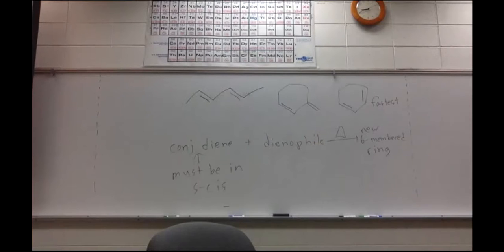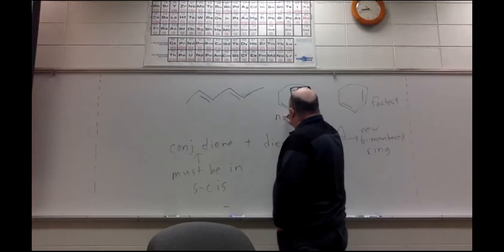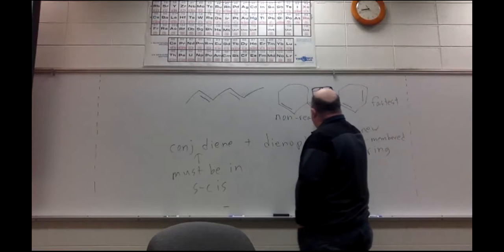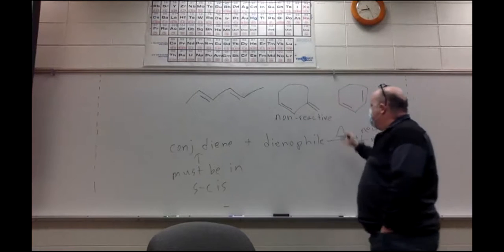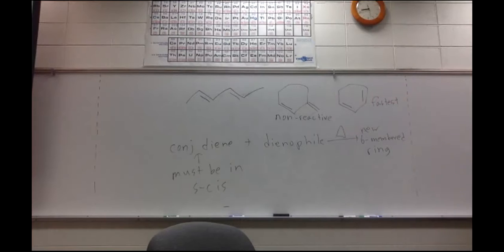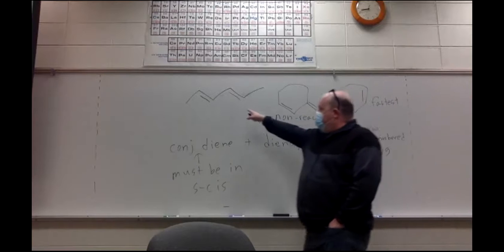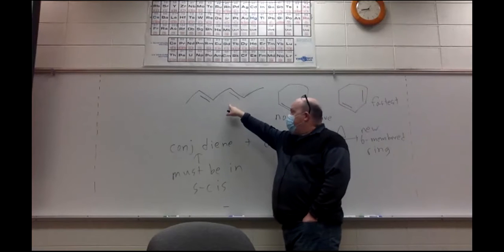What would be least reactive? One in the middle, right. In fact, it's non-reactive. We can't even say it would go slowly, because it just wouldn't react at all, because it's always stuck in S-trans. And this one would sort of be in the middle. Now this one, in its current drawn state, would not be able to react because this is an S-trans.